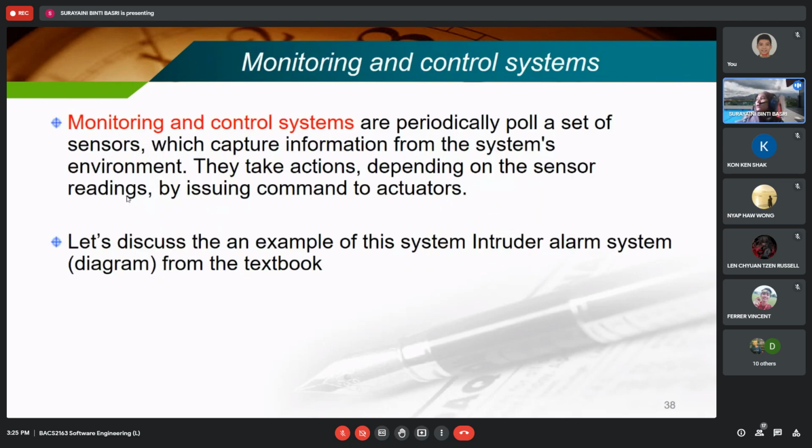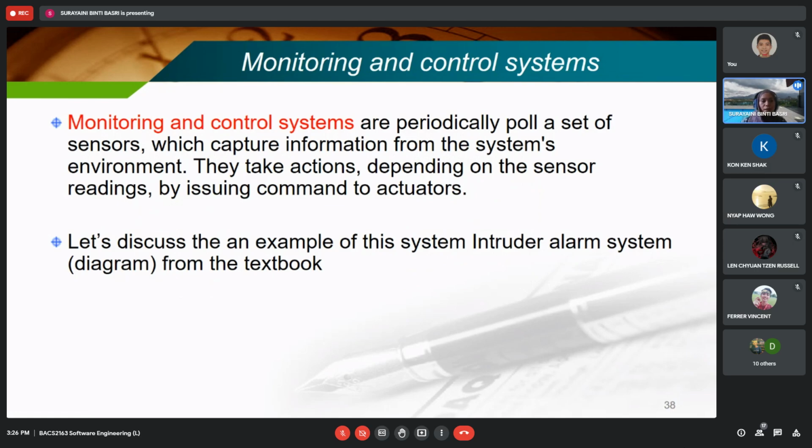Okay, so the monitoring and control system. We are proceeding to one example of a real-time system, which is the monitoring and control system. This system periodically polls a set of sensors which capture information from the system environment.